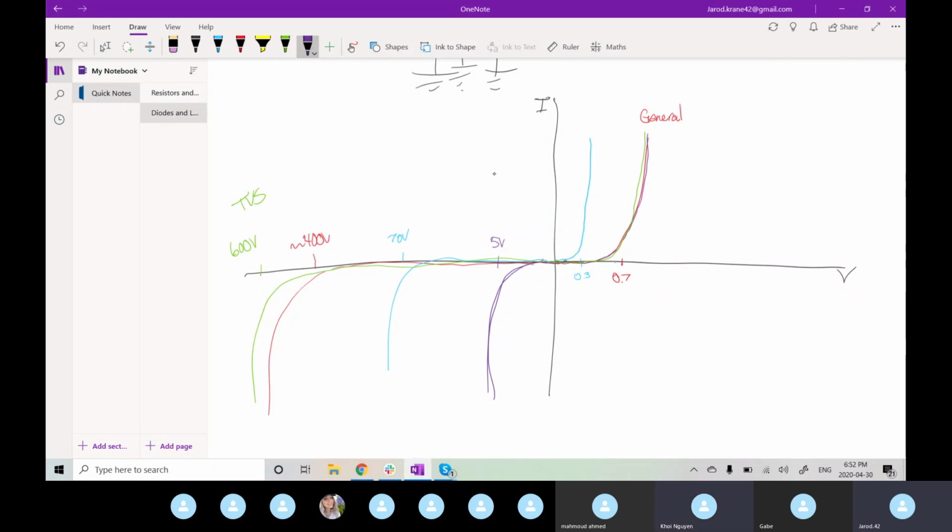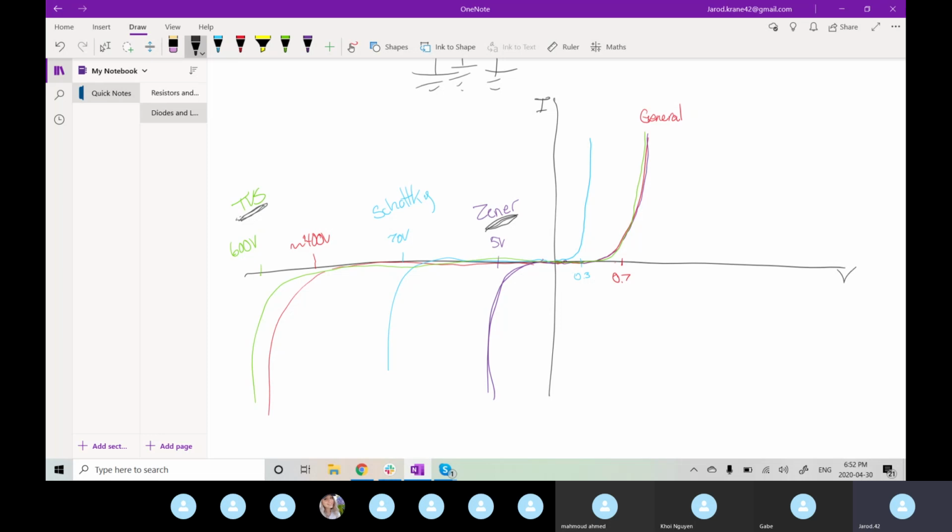The thing to note is that the Zener and the TVS, these are much more predictable and much more stable breakdown voltages.